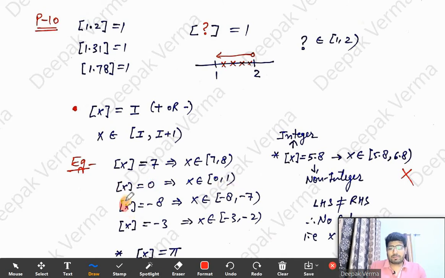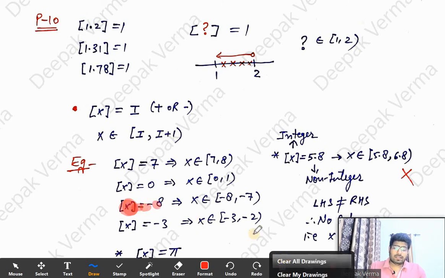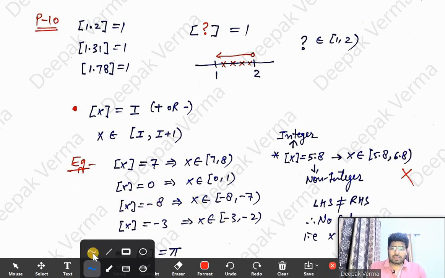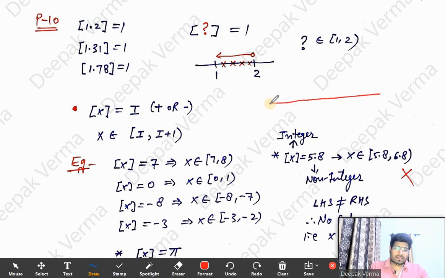Got it? Now if box x is equal to minus 8, now we are taking a negative integer. Here we write positive or negative integer, and now we are taking an example of a negative integer. If box x equals minus 8, then x will be lying between, make a number line, minus 8 as the value of box x.